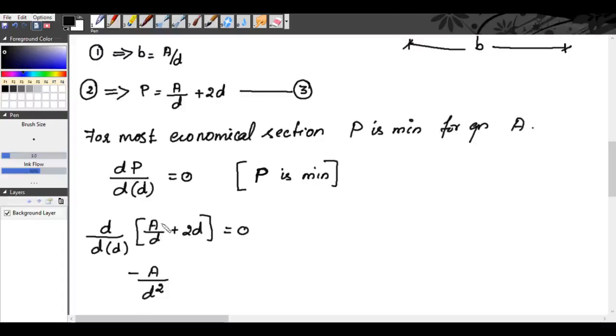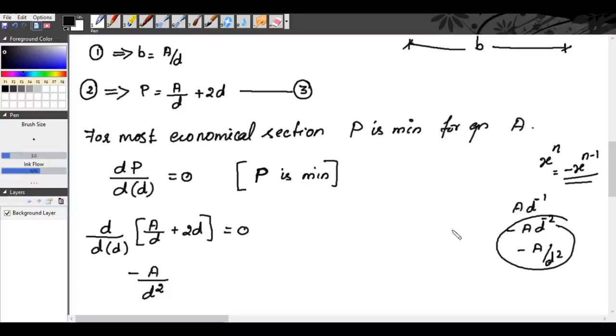Here the variable is D, right? So it is A into D raised to minus 1. When you differentiate, you get A into minus D raised to minus 2, so it is minus A by D square. Because we know the differentiation of x raised to n is n times x raised to n minus 1. Here A is constant, and we are differentiating D raised to minus 1.